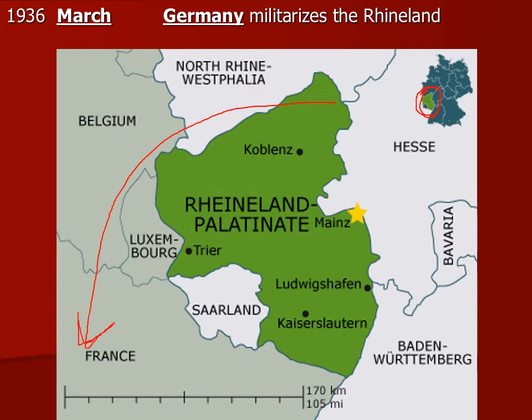But in 36, Adolf Hitler remilitarizes this area in violation of the treaty. The League of Nations pretty much yells at them and says, stop it, but nobody is really able to stop Adolf Hitler. And so it gives Hitler the ability to say, hey, nobody's going to actually say anything, because everybody is so afraid of another world war.